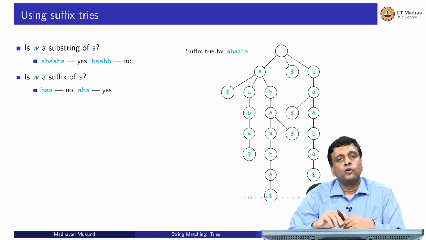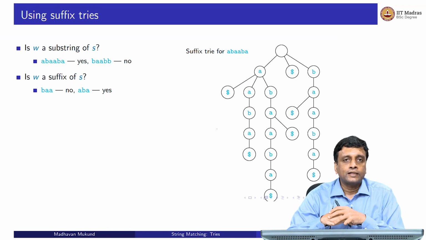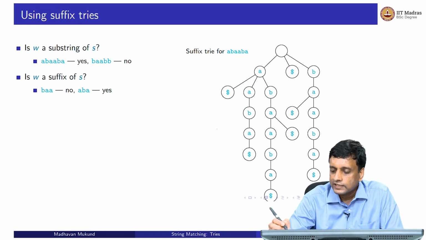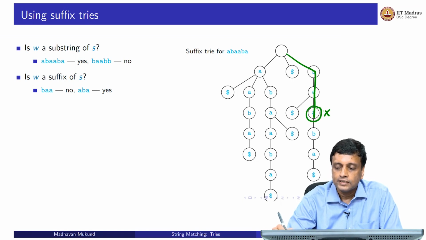Now, the earlier normal trie would tell us about prefixes, but we can also check if it is a suffix by asking whether, after I have matched, I can see a dollar at the next position, exactly as we did for the complete match. So for instance, if I see BAA, then I want to see a dollar after this, but there is no dollar after this.